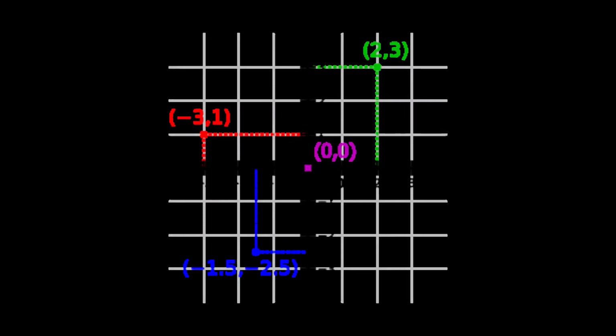Let's draw the point (0, 0), where you open parentheses, 0, 0, close parentheses is what we need to draw on the graph. Now this notation is just a way of summing up information.